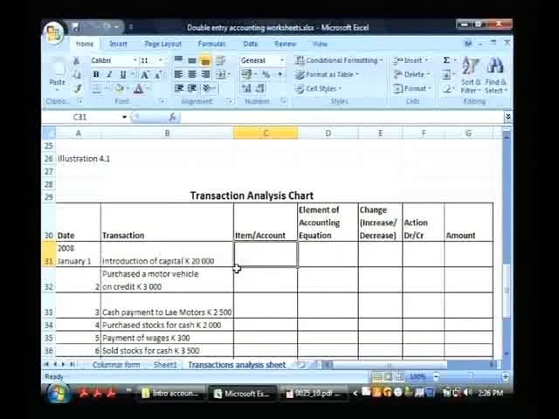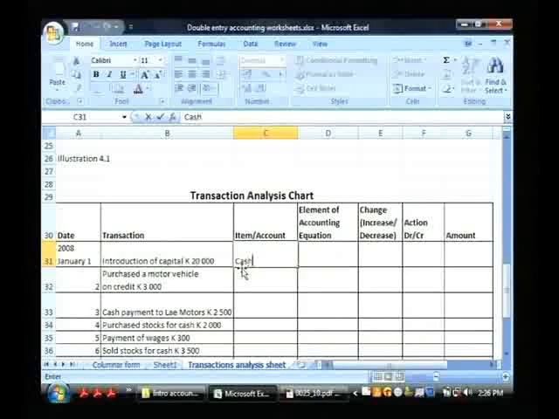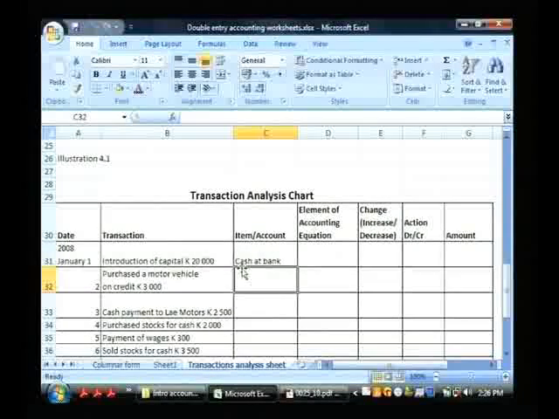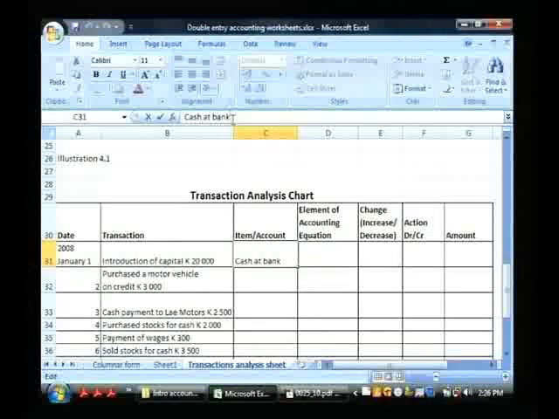The first transaction, the owner introduced capital, then the relevant accounts are cash at bank and capital account.